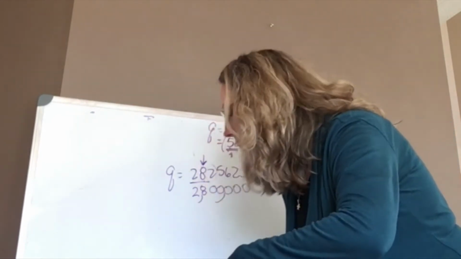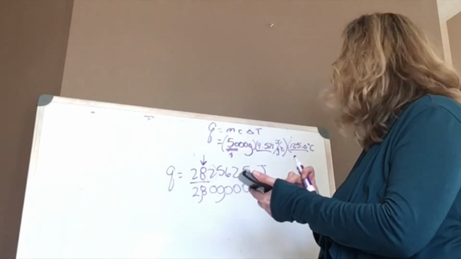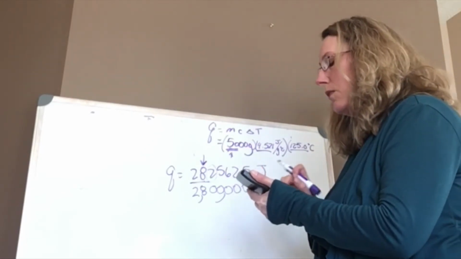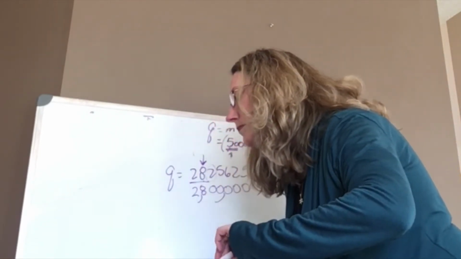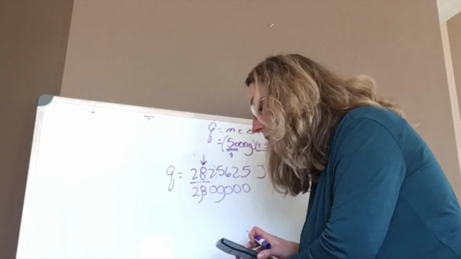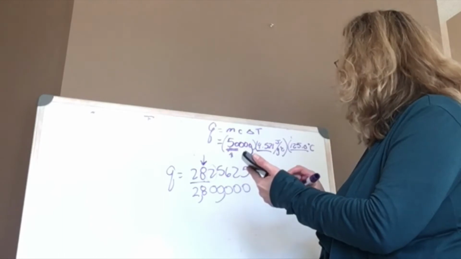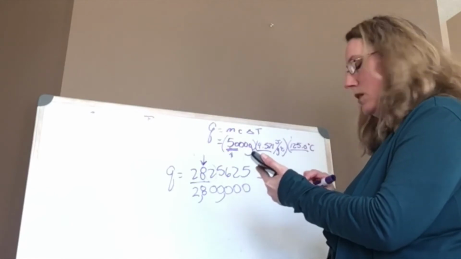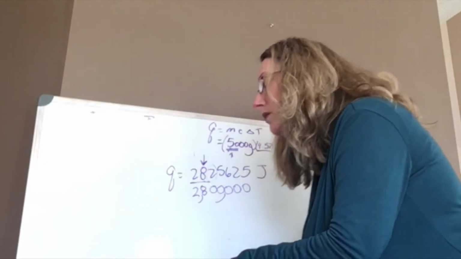Oh, actually, maybe I did something wrong. 5,000 times 4.521 times 125. I got one extra digit here. My calculator is running out of batteries and not working great. 5,000 times 4.521 times 125. I still don't know what I'm doing wrong.